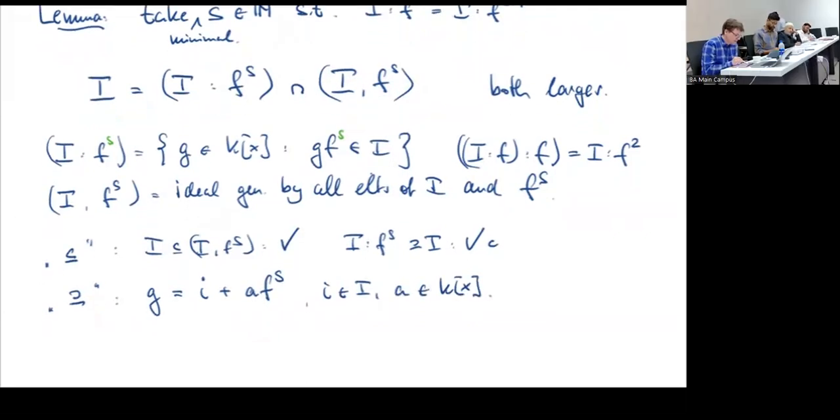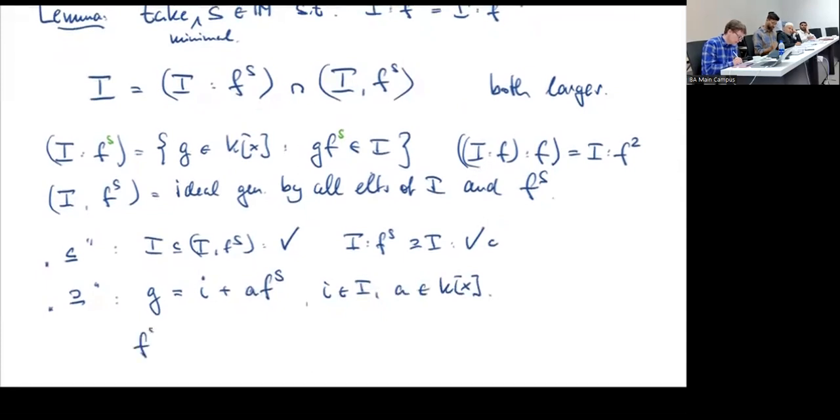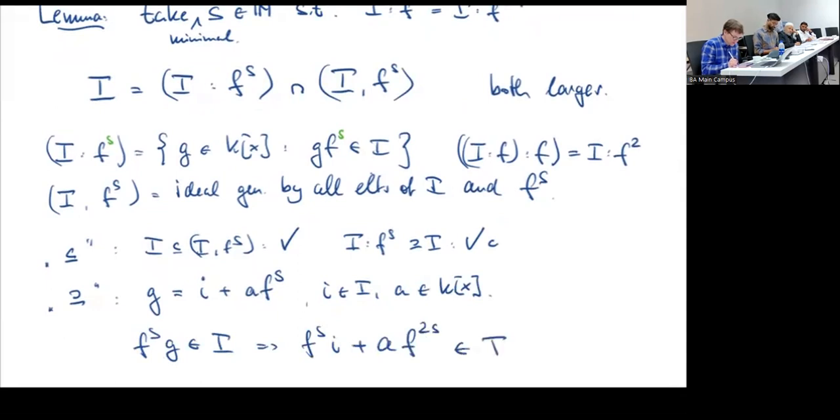Now I also know that G is in the other ideal. So if I multiply it with F to the S, F to the S times (I plus A times F to the S), that is, F to the S times I plus A times F to the 2S, is in I. That I get from this second containment: my element G is in both, so multiplying it with F to the S, I land in I. Now, what simplifications can we apply?